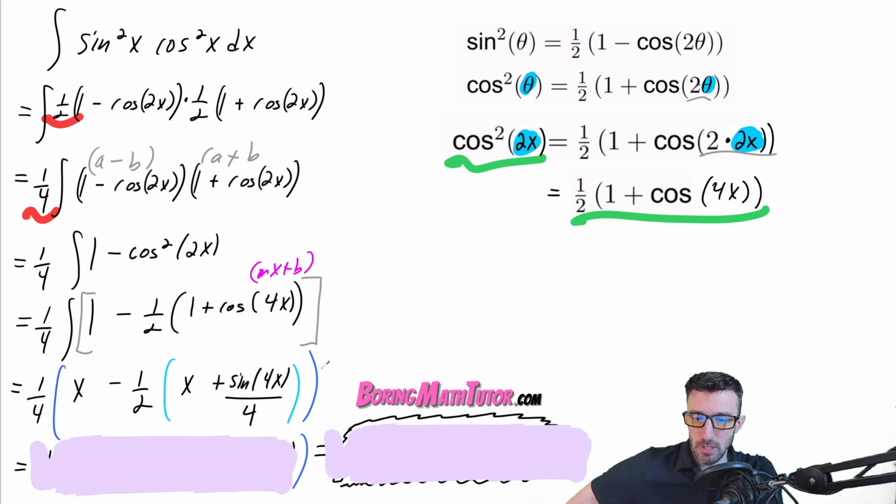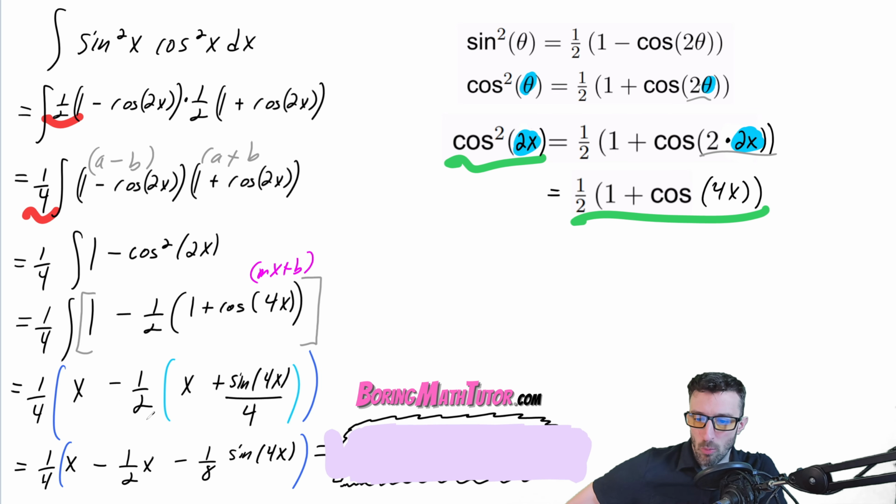Okay, so now we just have to put this in a nicer form, where we can start by distributing the 1/2. That'll get us minus 1/2 x and minus 1/8 of sine of 4x, because 1/2 times 1/4 is 1/8. And then at that point, we can also do x minus 1/2 x.